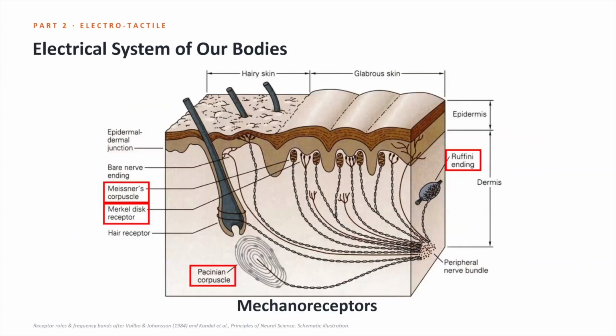So that is a bit about the vibro-tactile technology and the vibro-tactile toolkit, which is Vibro-Forge, and what it enables. Now we look into this particular slide, which is the electrical system of our bodies and the network of sensors. How this works is, these sensors that I talked about before are sensitive to mechanical disturbances.